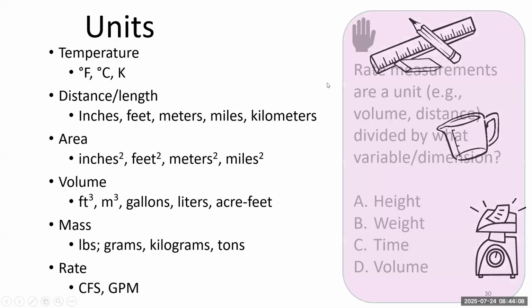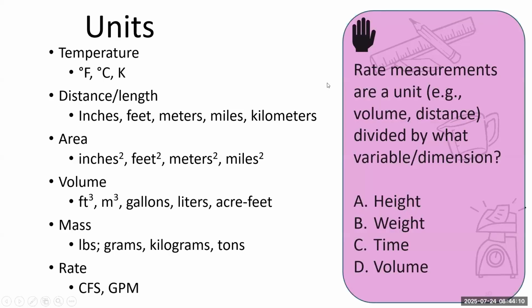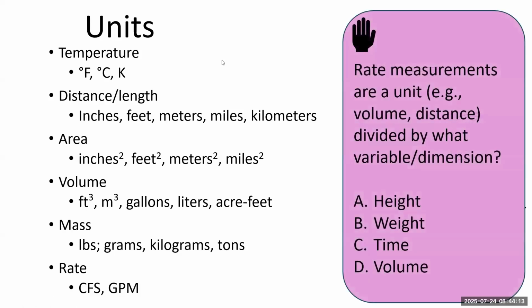And just a quick little question here for you all, if you want to shoot it in the chat. Rate measurements are a unit, so volume or distance, divided by what other variable or dimension? What do you think? Is it height, weight, time, or volume for rate measurements?